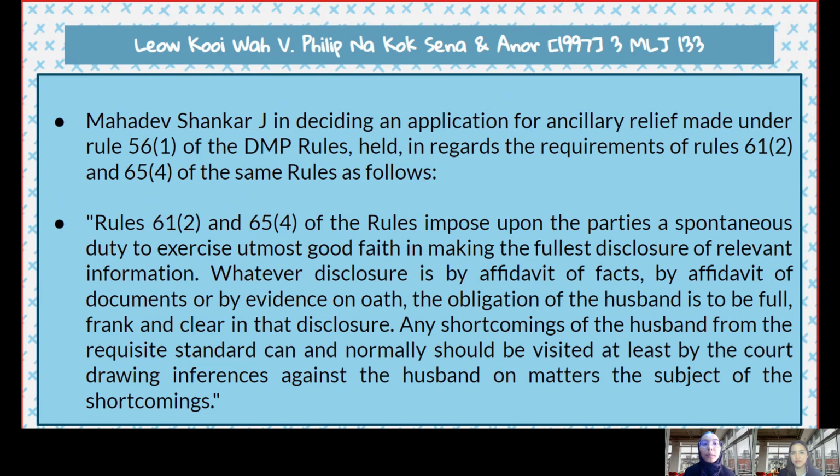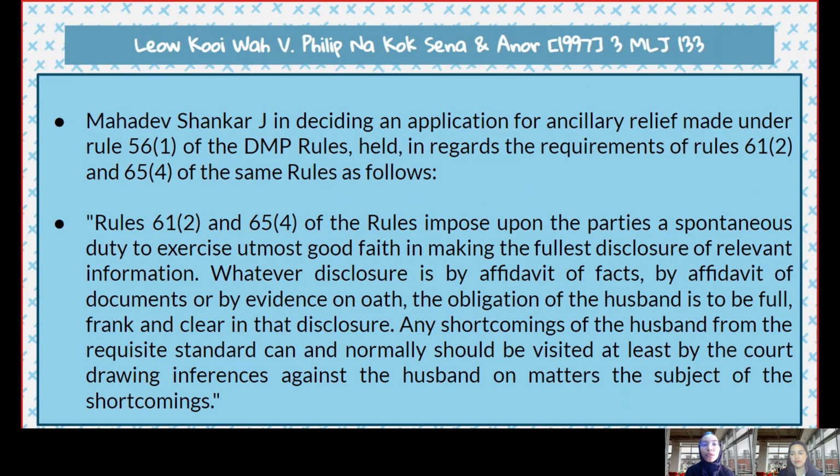Okay, this can be seen in the case of Liao Hui Wah v. Philip Na Kok Sena and another, where Justice Mahadev Shankar, in deciding an application for ancillary relief made under Rule 56, Paragraph 1 of the DMP Rules, held in regards to the requirements of Rule 61, Paragraph 2 and Rule 65, Paragraph 4 of the same rules as follows.